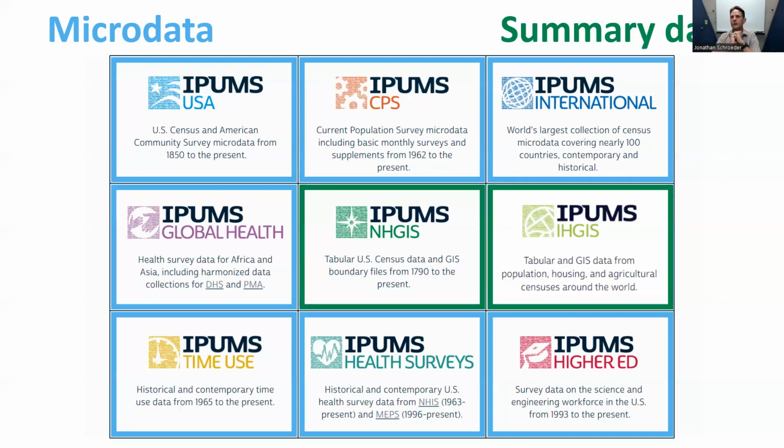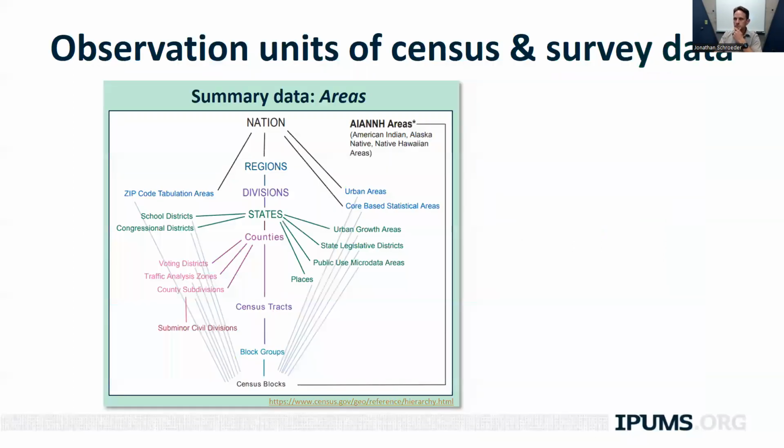We also have a couple projects here that provide summary data, published tables that are already cross-tabulated for a particular purpose. And in this case, they are geographic summary data. These are summary statistics, counts and medians for geographic areas. So in these summary data, the observation units would be geographic areas.